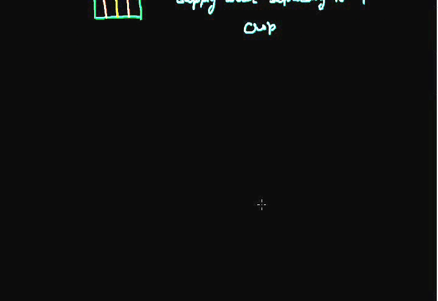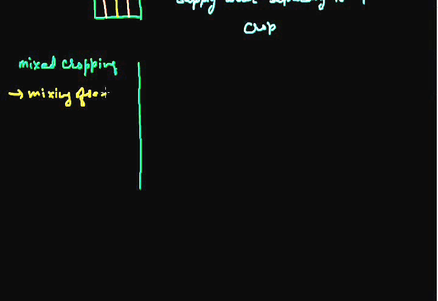First of all we discuss mixed cropping. In mixed cropping we mix the seed before sowing. This is the first requirement in the case of mixed cropping, mixing of seed. In the case of intercropping, there is no need to mix the seed.